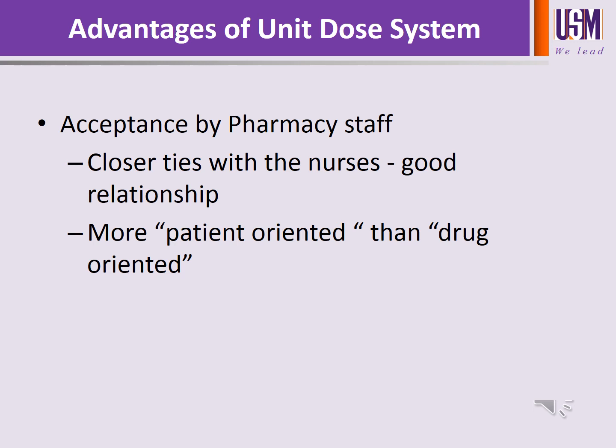So this unit dose system had a higher acceptance by the pharmacy staff. We start to have closer ties with the nurses. We have to have good rapport with the nurses because we are supplying the drug with them, and it's considered more patient-oriented rather than drug-oriented. Patient-oriented here means there is more engagement and interaction between the pharmacist and the patient rather than us just talking to the drugs.